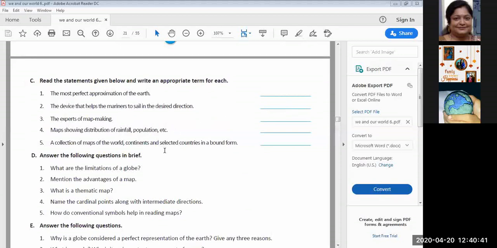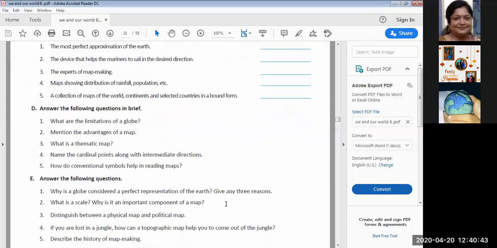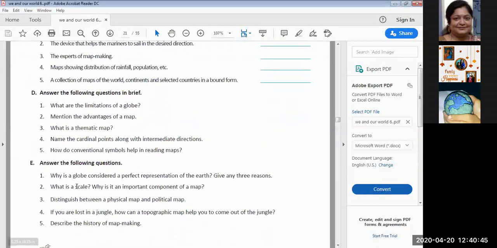Next question is, what is a scale? A scale is a ratio which is shown on the map with the corresponding distance on the ground, like 1 centimeter equals 1 kilometer. Why is it an important component of the map? So that we can know the exact distance. Scale is needed because we want to know the exact distance from one place to another.